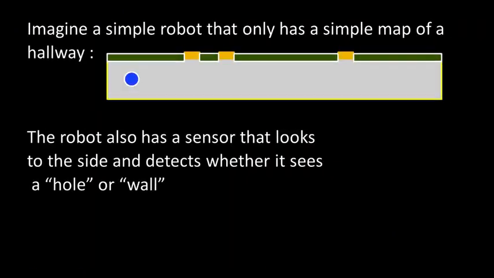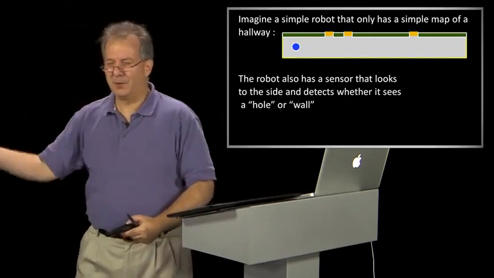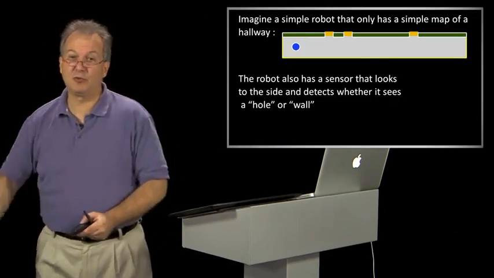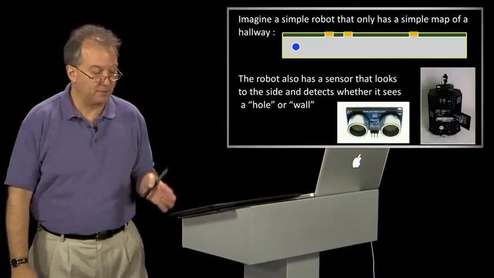The other thing the robot has is a really dumb detector, a sensor that just looks out to the side. You can think of it as a stick that it pokes out, and it says, do I hit something or don't I? And by the way, it's not very accurate, so it sticks it out approximately in that direction. You might think that would be an incredibly dumb robot, and you might be right, except here's a picture of a robot.